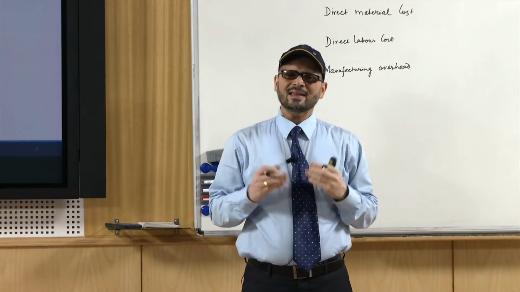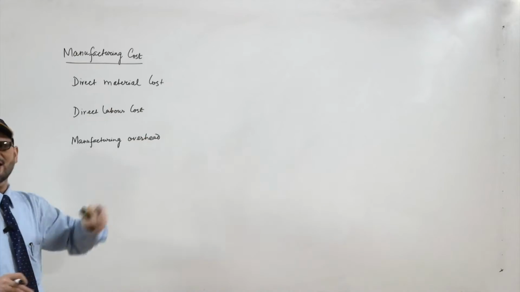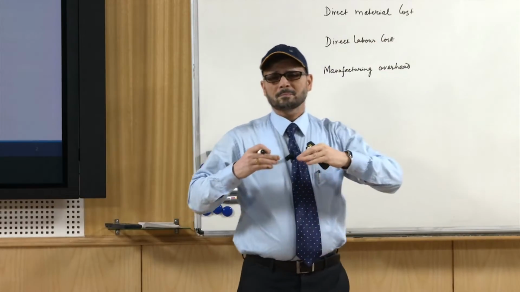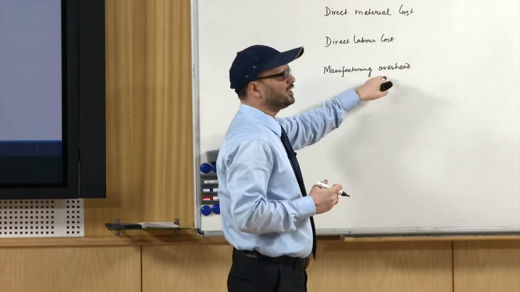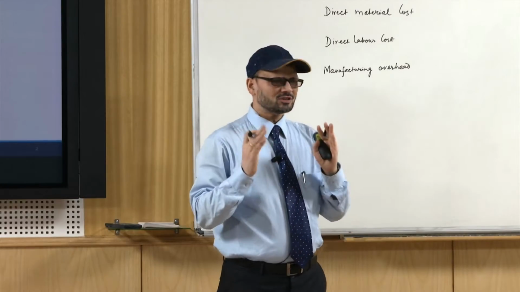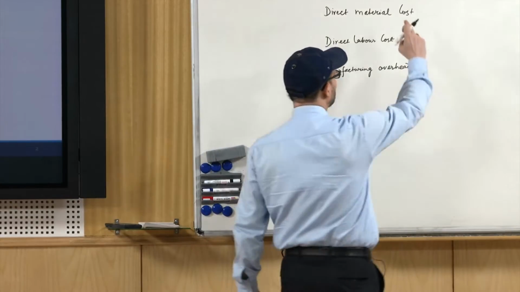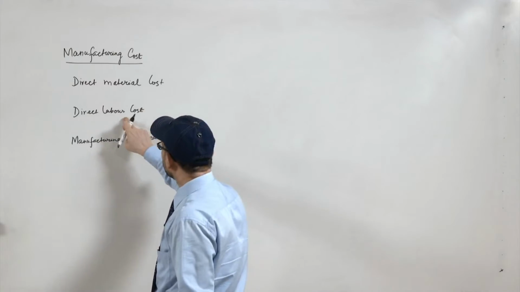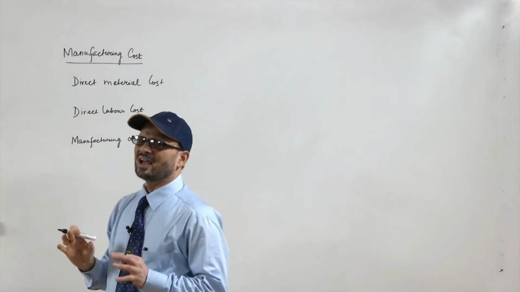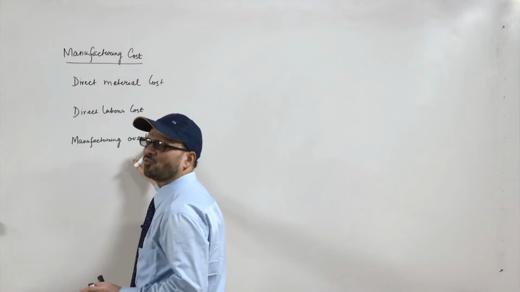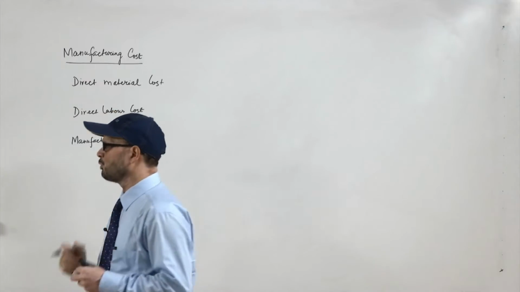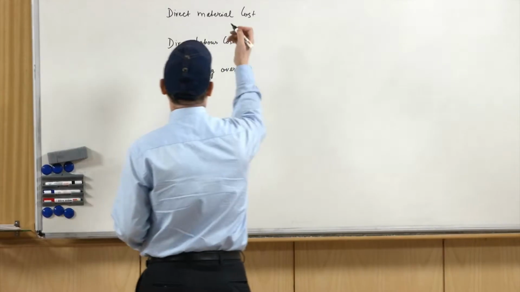Costs like the heat and light, the electricity used to make the product, the depreciation of the machines, these are under manufacturing overhead, because these are all the costs except the direct material cost and the direct labor cost which are used for the manufacturing of the component. Then comes non-manufacturing costs.